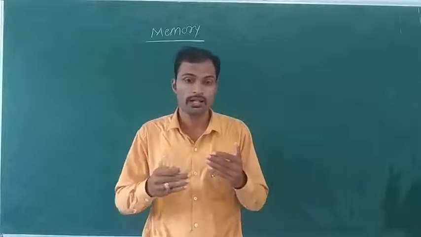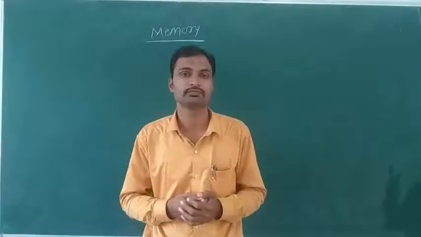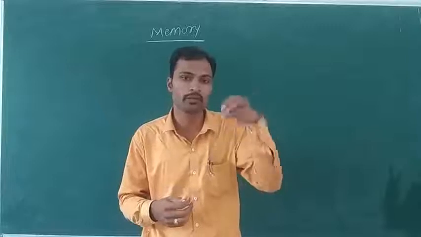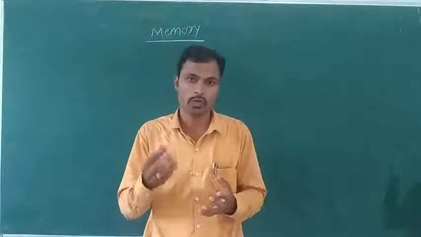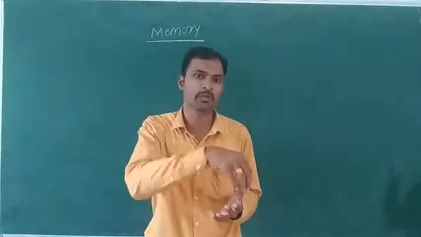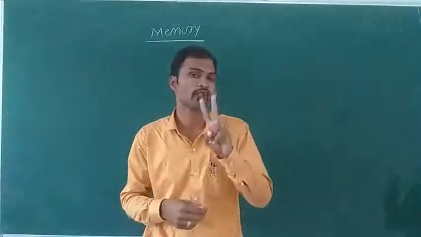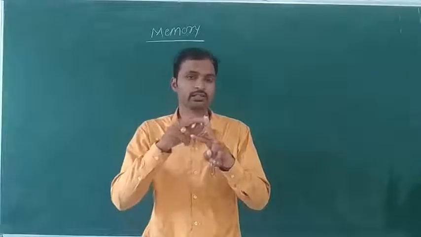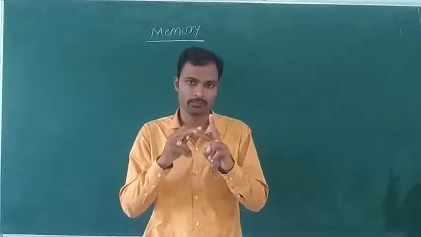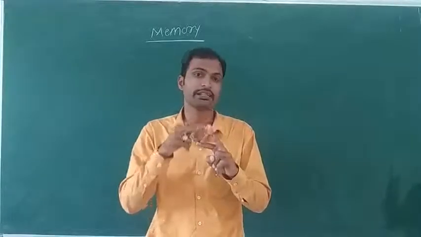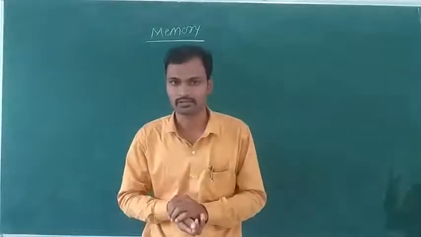So while processing, we have to store data in memory. After processing also, we have to store the data for permanent purposes. That means we use memory in two ways: one is primary, the second is secondary. Primary is for temporary purposes, and secondary is for permanent purposes.